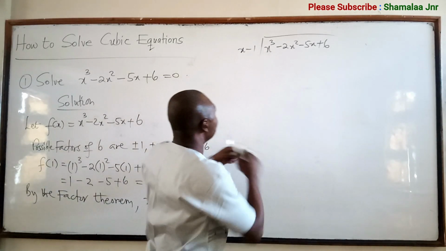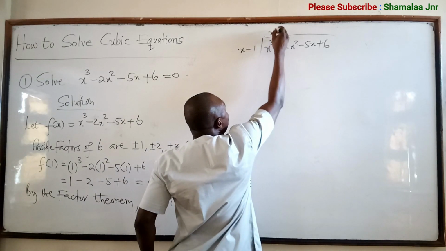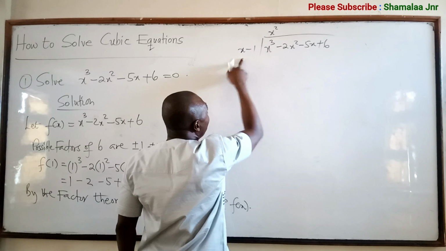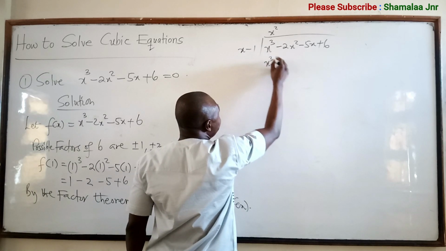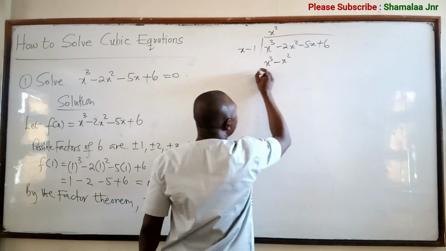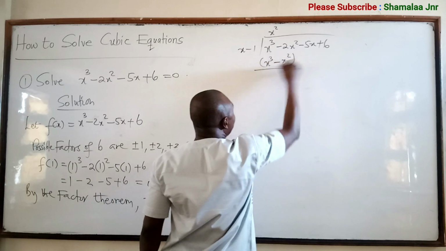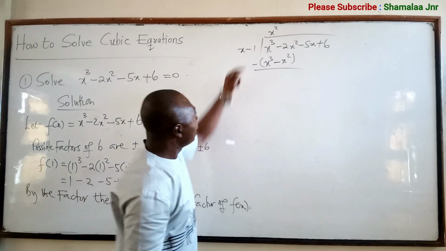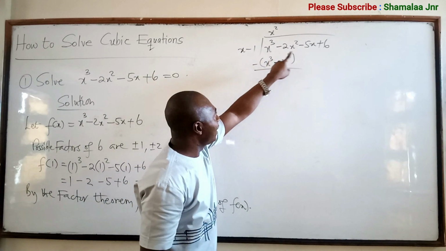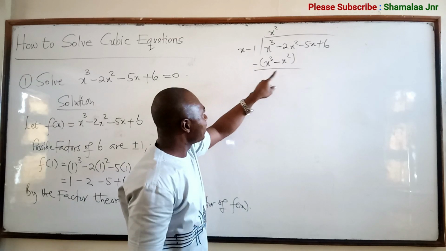x goes into x cubed x squared. x squared times x is x cubed. x squared times negative 1 is negative x squared. Viewers, you will subtract this one from this. Now, x cubed minus x cubed is 0. Negative 2x squared minus x squared.